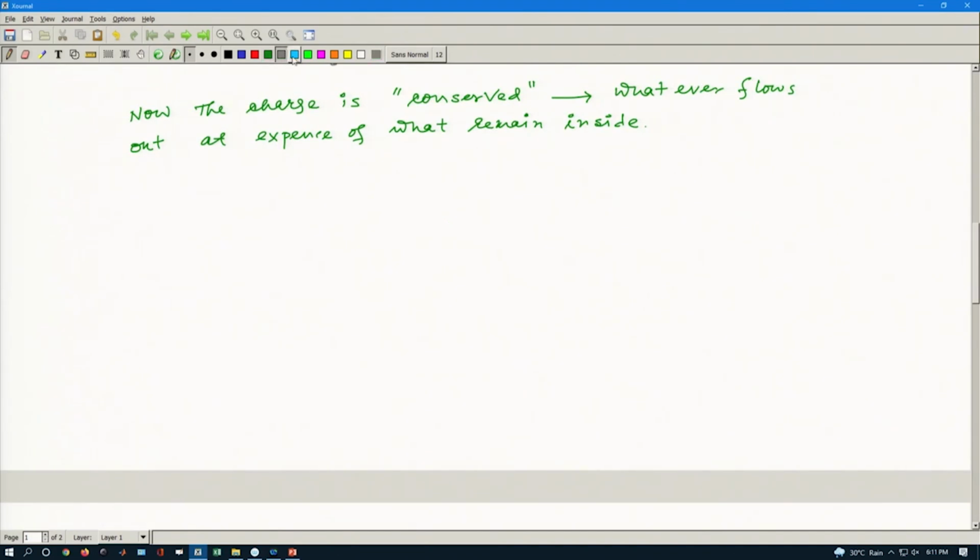So, if I try to write this in mathematical language, then the volume integral of the divergence of J over dV should be the reduction of the charge per unit time. So, it is minus d dt of the total charge, which I can write as the integral of rho dV.